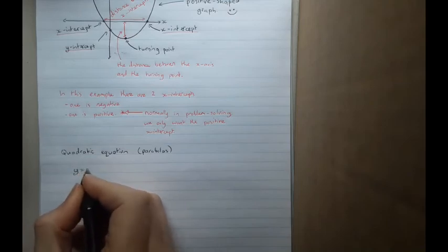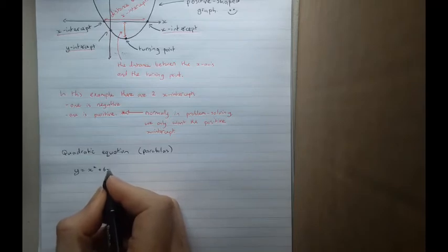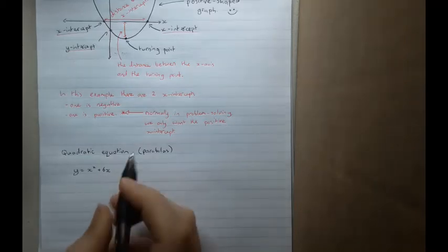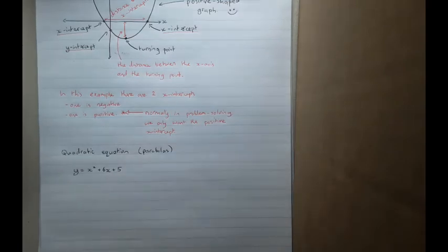y is equal to x squared plus 6x, and let's do plus 5. So y is equal to x squared plus 6x plus 5.